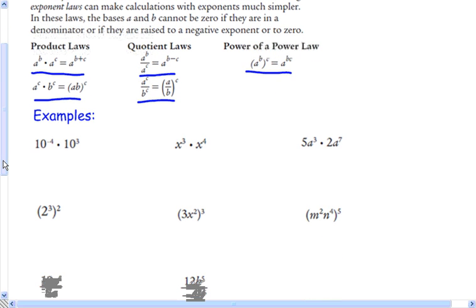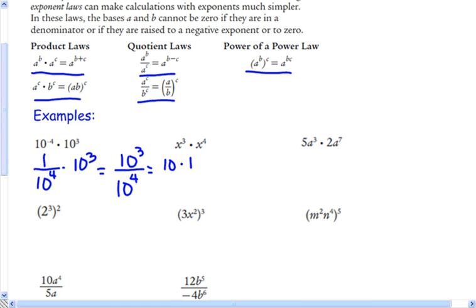So let's look at this first example, 10 to the negative fourth times 10 to the third. If I do that using what we already know about exponents, then we have 1 over 10 to the fourth times 10 to the third. And if I expand that out, that equals 10 to the third over 10 to the fourth, which equals 10 times 10 times 10 over 10 times 10 times 10 times 10.